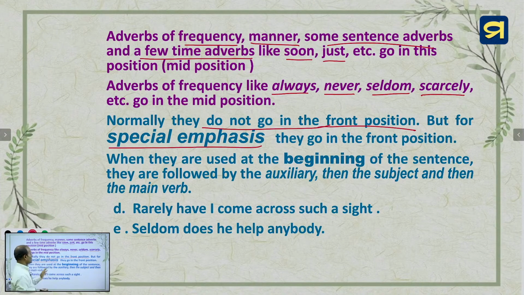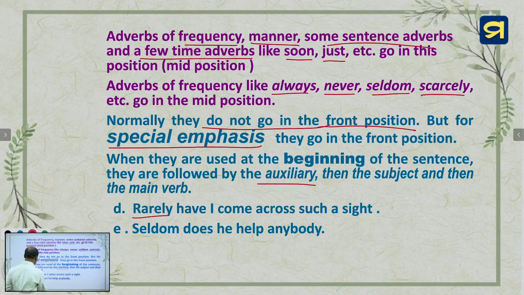When they are used at the beginning of the sentence, there will be an inversion of subject and verb, or you can say they are followed by the auxiliary, then the subject, and then the main verb comes. Let's see the examples here. Rarely have I come across such a sight.